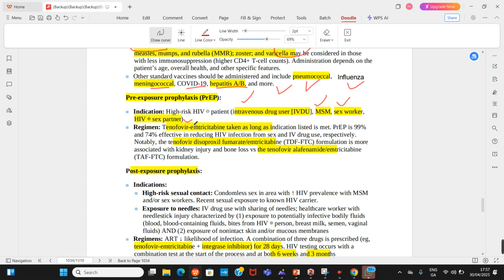These are high-risk behaviors in someone that is HIV negative, and they are doing it intentionally. So you need to give yourself pre-exposure prophylaxis. And what drug are you using? Tenofovir alafenamide and emtricitabine combination only.